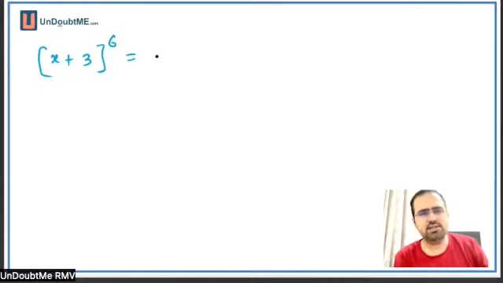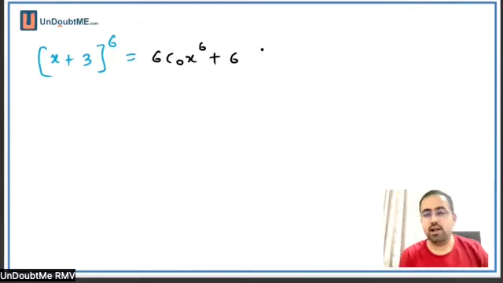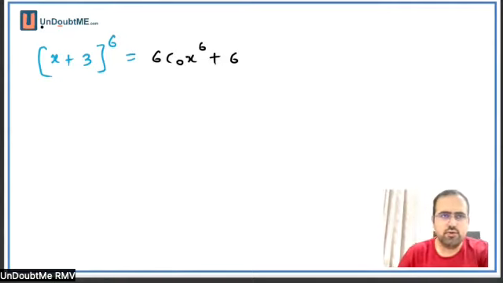Then later on, you can skip a few of them once you become comfortable. 6C0 x to the power 6. I'll wait first. I want you to write it down. So this is the first question. Don't focus on speed, just focus on accuracy. Try to make it correct first. Then we will work on speed.